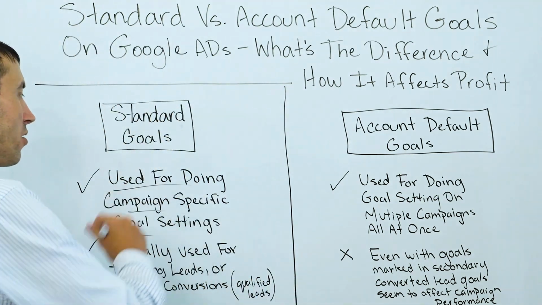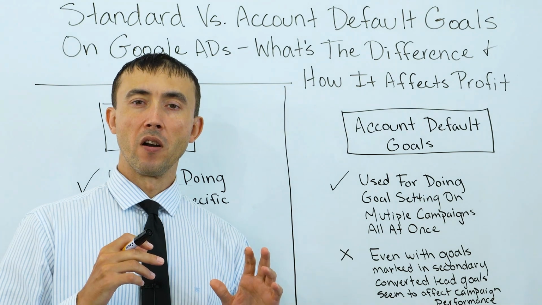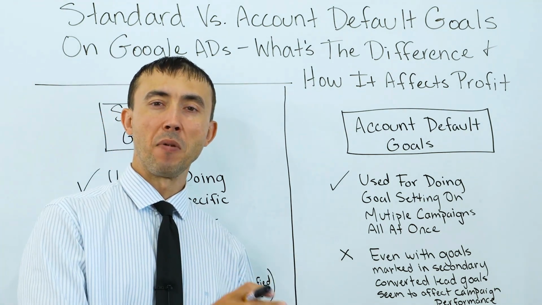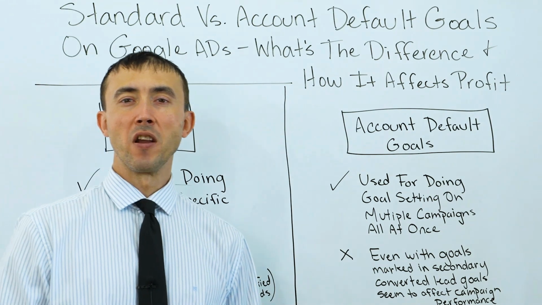Whereas standard goals, you're setting up to optimize for something specific that one campaign should optimize for versus another. And there's a bunch of different scenarios where you would want to do that.